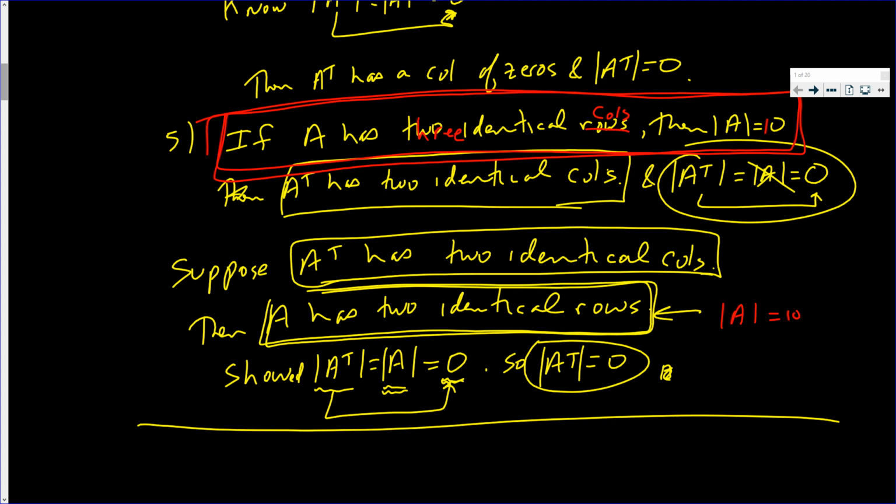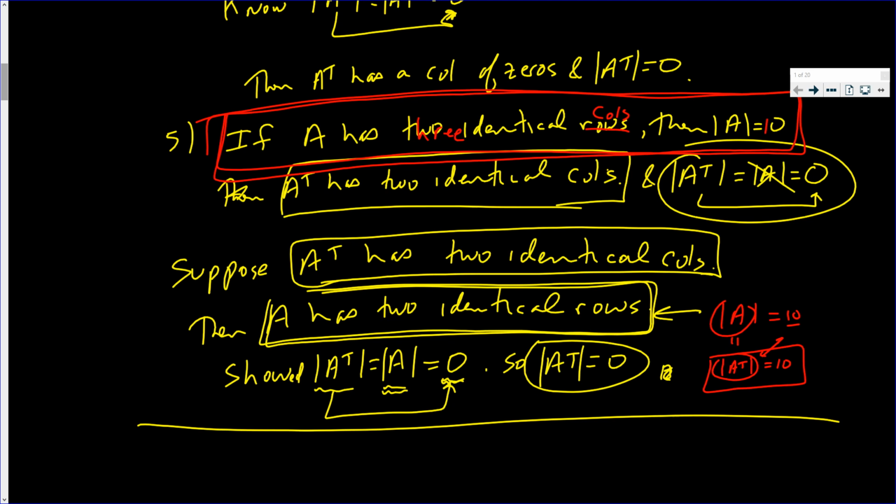But we know that two things are true. No matter what, the determinant of A and the determinant of A transpose are equal. So this also equals 10. Because if this equals 10 and it equals this, then those two are equal. So we now know that the determinant of A transpose equals 10.